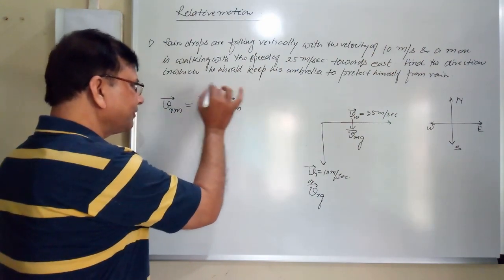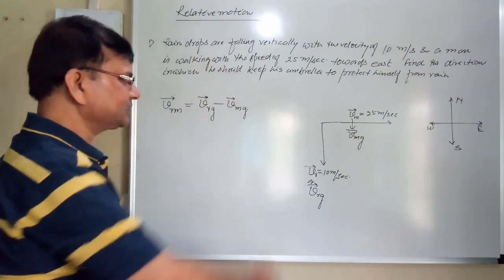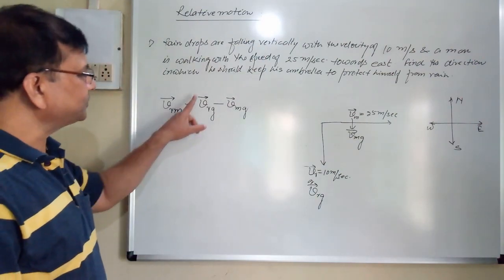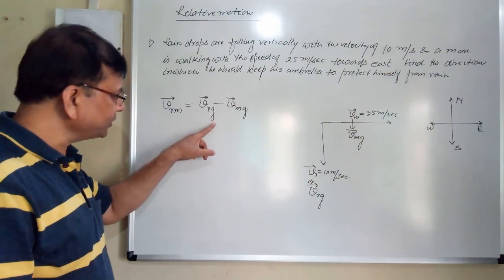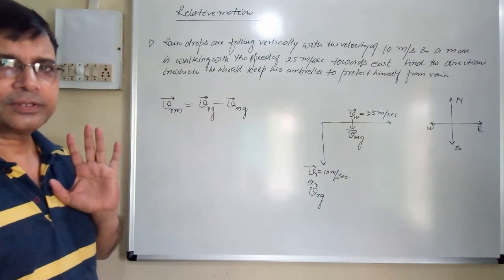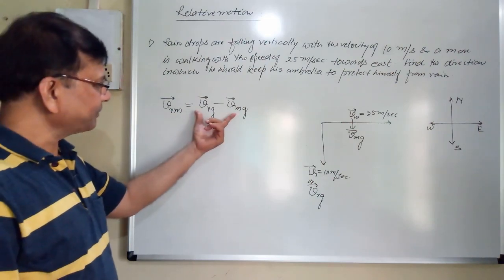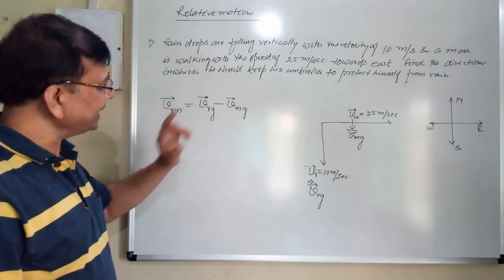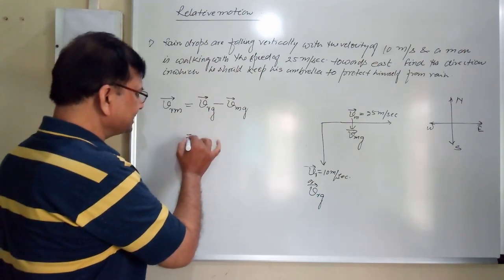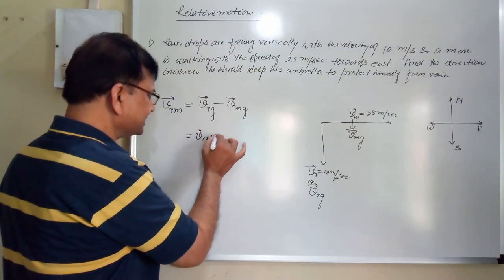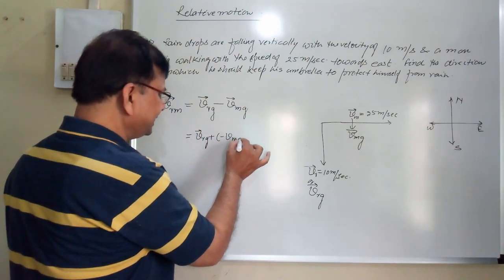Or you can say with respect to ground. Velocity of rain with respect to man means velocity of rain with respect to ground minus velocity of man with respect to ground. So it is subtraction, in vector form. We can say it is VRG plus minus VMG.